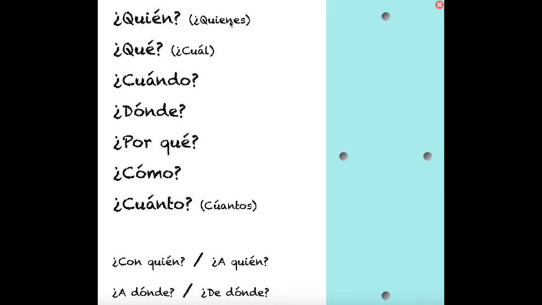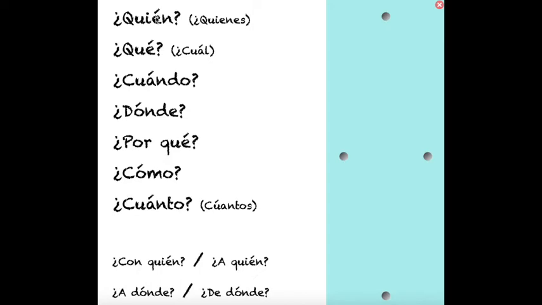Who are your friends? ¿Quiénes son tus amigos? ¿Qué o cuál, they both kind of mean what. Cuál can also mean which. ¿Cuándo? When. ¿Dónde? Where. ¿Por qué? Why? ¿Cómo? How? ¿Cuánto o cuántos? How much or how many?